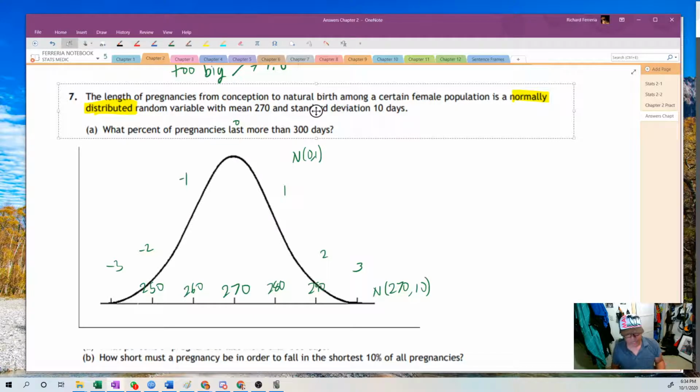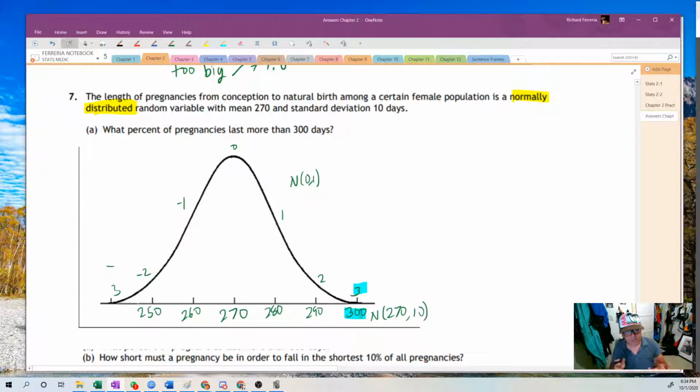So it turns out I didn't even put my normal curve where it needs to be because I don't have 300 on my normal curve, or any numbers close to 300. 300 is on the far right of the curve, and if you've been looking at a normal curve for a little while now, you can tell that the area above a z-score of 3 would be close to 0.